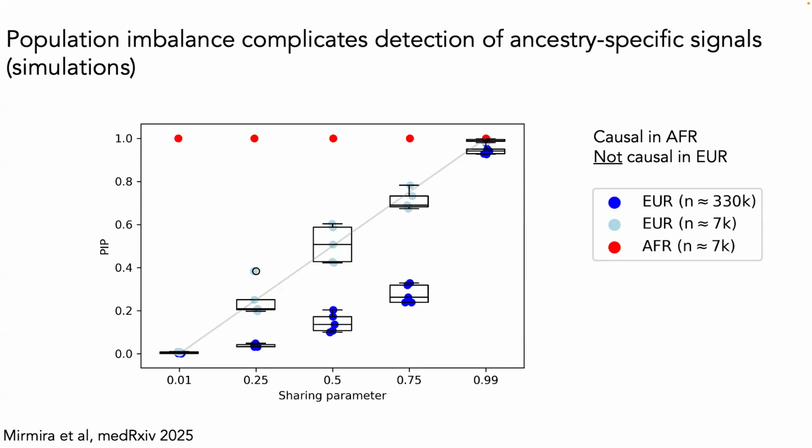Only after we upped the sample size to the full available cohort of European samples could we start to accurately distinguish that, okay, this is causal in the African samples, and now I have enough data in the Europeans to say it's not causal there. And so for us, it was informative about the impact of that sharing parameter. Really, at small sample sizes, the prior really matters.